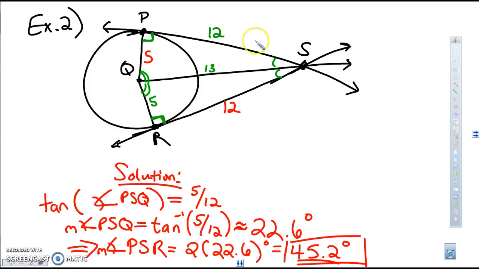I saw that I've got a tangent ratio here. Tangent of PSQ is going to be 5/12. If I do my inverse tangent, I find that this angle is about 22.6 degrees, and then I multiply it by 2, and I get 45.2 degrees. So that should be your solution for that example.